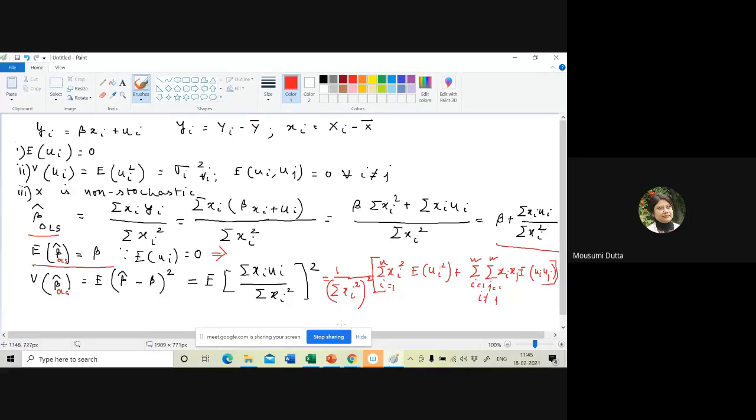So this was the formula which I presented in the PowerPoint. Variance of beta hat OLS is this one.